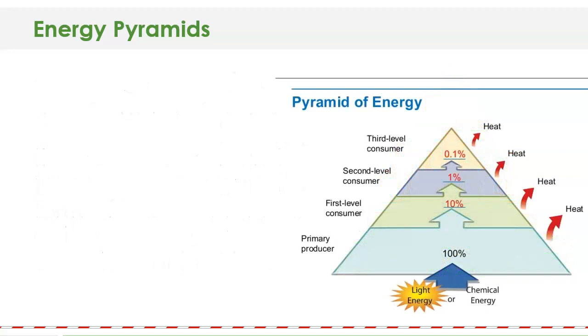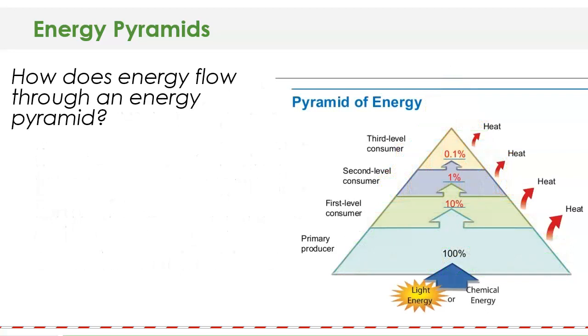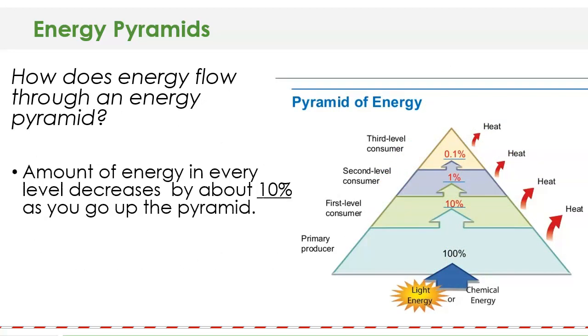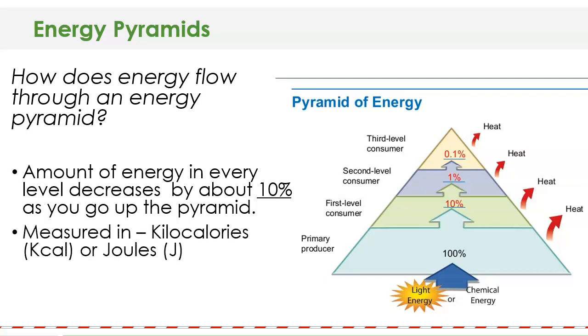So let's take a look at what this means. How does the energy flow? Well, if we assume that the primary producers have basically 100% of the energy available, it is about 10% that goes to the next level when, let's say, a primary consumer eats a producer. They receive about 10% of the energy that that producer had.